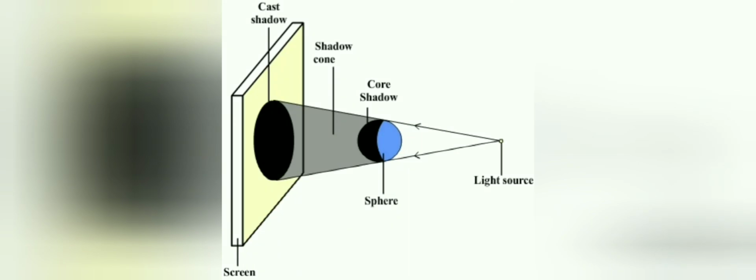Any source of light travels in a straight line, and if any object comes in the path of that light, in the direction of light, then a shadow will be formed.